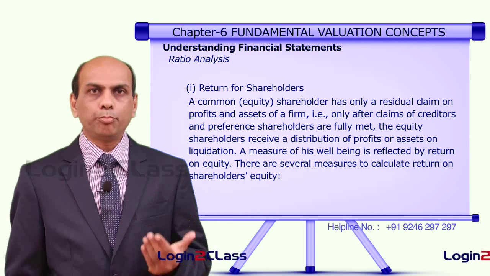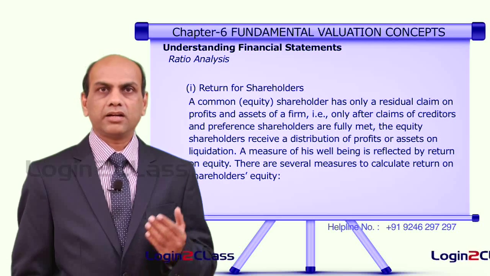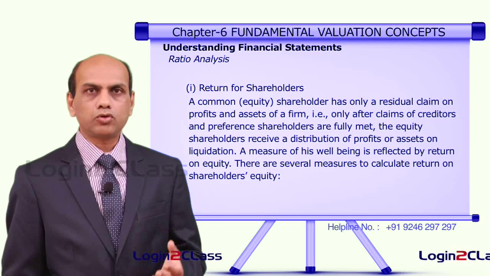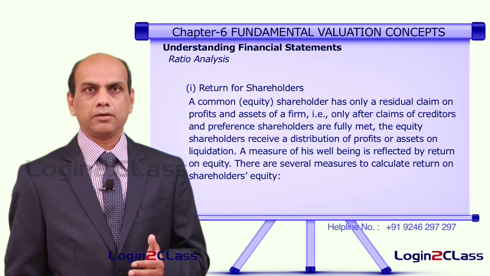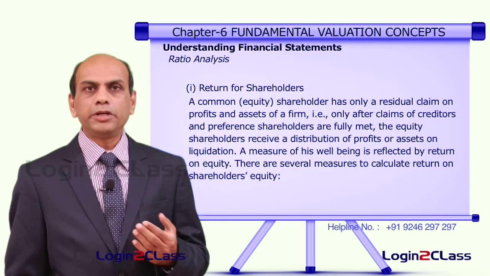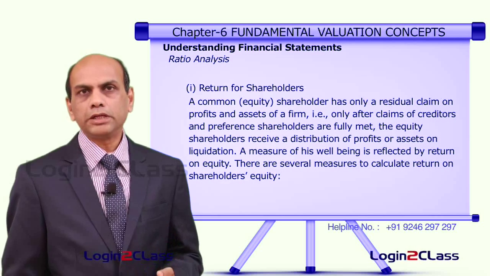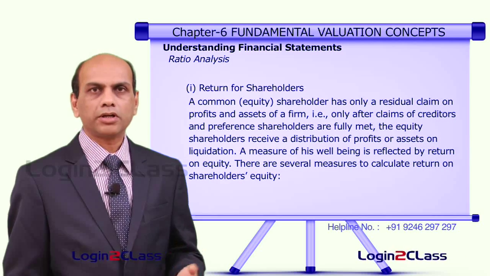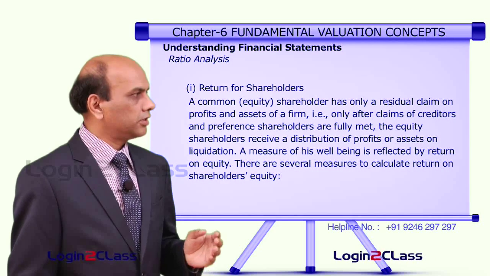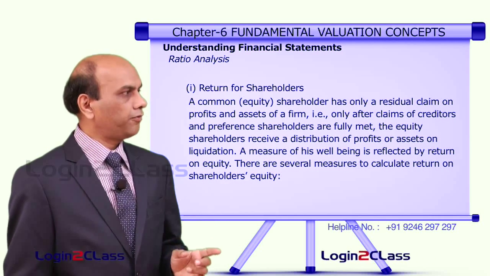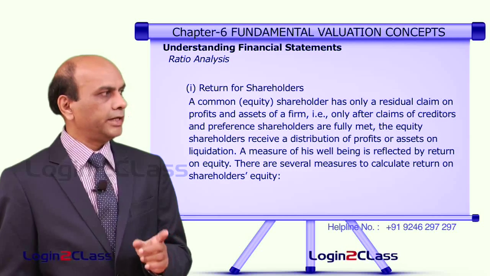That means a company first has to clear the claims of the creditors and also pay the preference dividend to the preference shareholders. Later, the equity shareholders will be eligible for getting any sort of benefit out of any profits or liquidation process of the company. A measure of their well-being is reflected by return on equity.